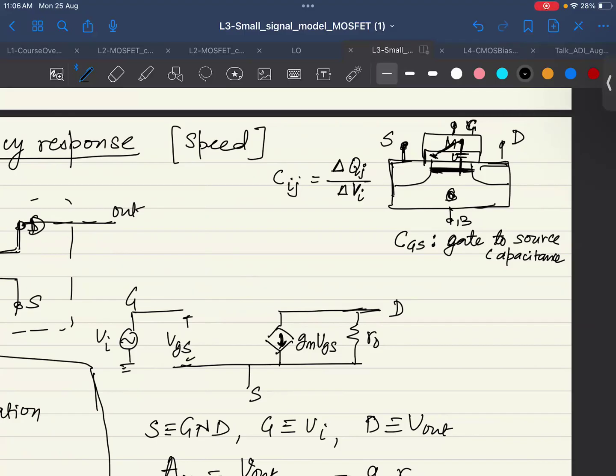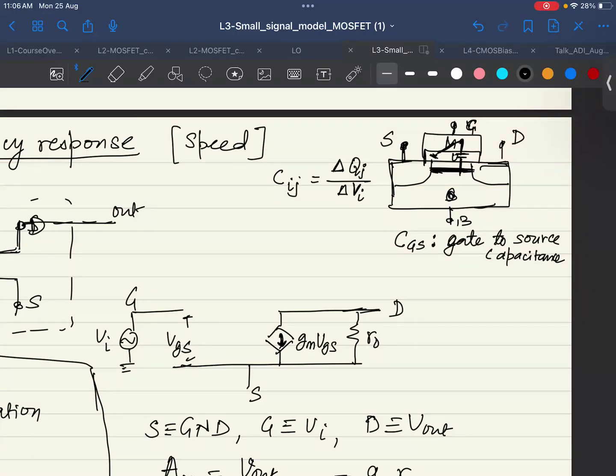So this is the very basic way of identifying that there is a capacitance somewhere. Because if you are changing the voltage at node I, and as a response there is a change in the charge at node J, that means there is a capacitance, right?